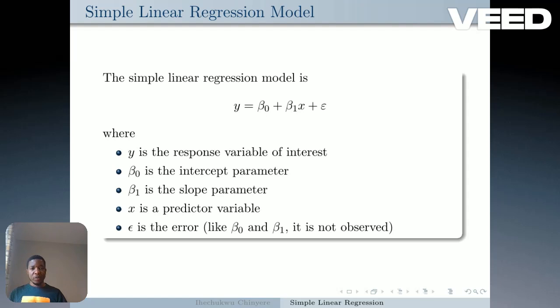Because you're trying to fit this model through your data, which may not be completely linear, some of the points will be on this line and some will be outside of it. The gap between the value on this line and the actual data point is what we call the error. I'm going to show you a picture in a bit.